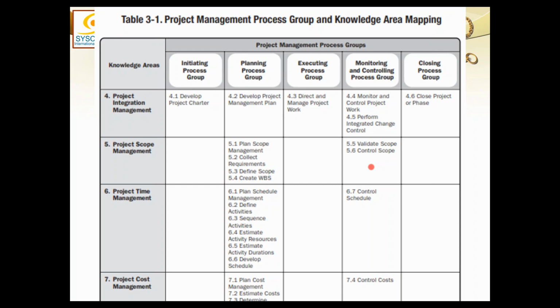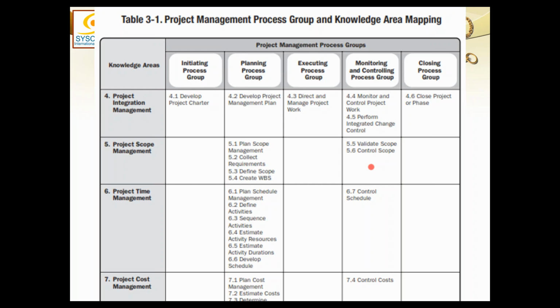Although this term is no more valid. Scope, time, and cost are not the triple constraints. The term triple constraint has been rubbed off the dictionary. It is no more, because we understand now that there could be more than three constraints.